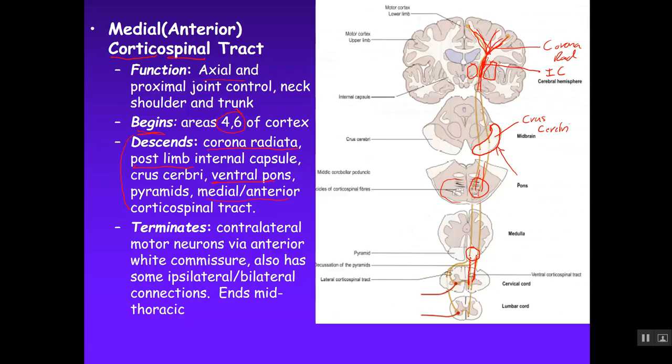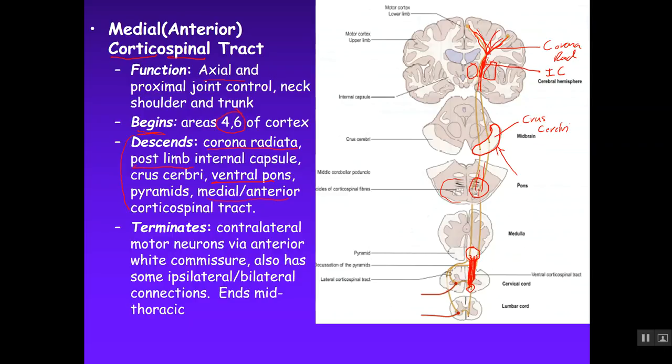So these are the ones staying on the same side here, coming down in that more anterior medial position in the spinal cord as the medial corticospinal tract. But what it does, when it eventually gets to its different locations, primarily in the cervical and thoracic spine, they showed here going to the lumbar spine, but it does some, but not a lot.